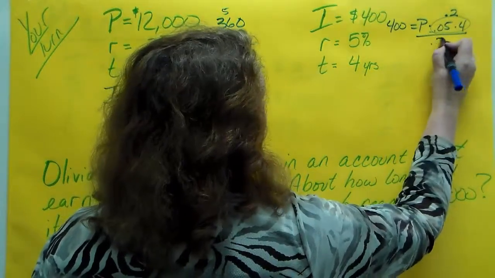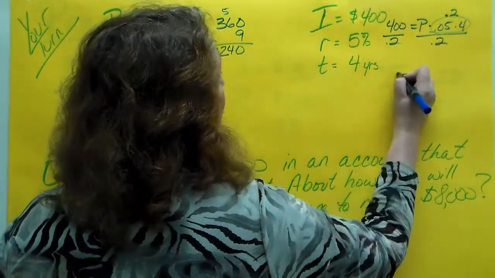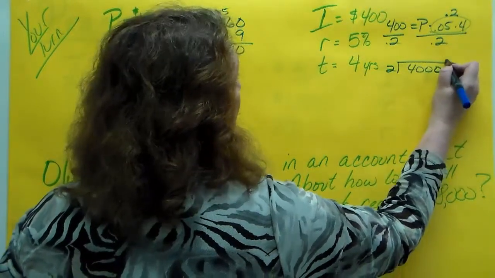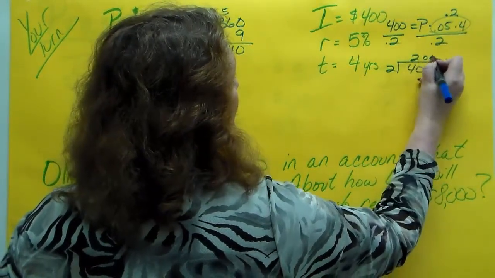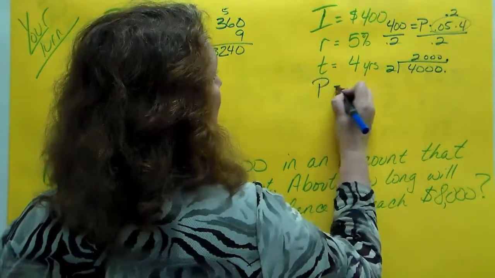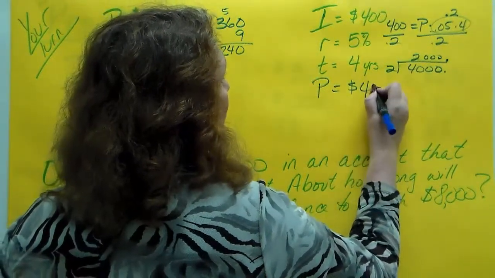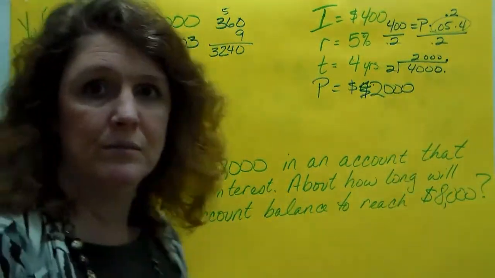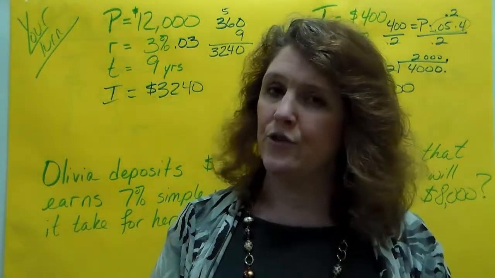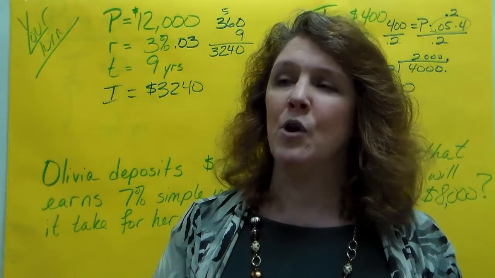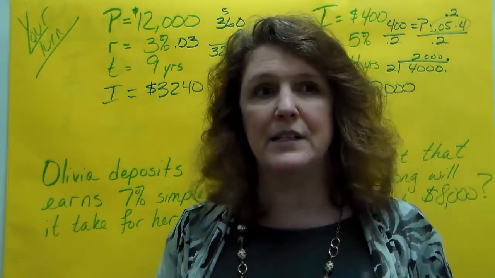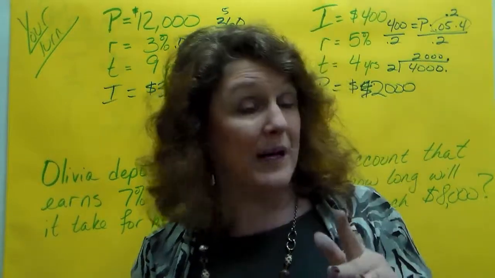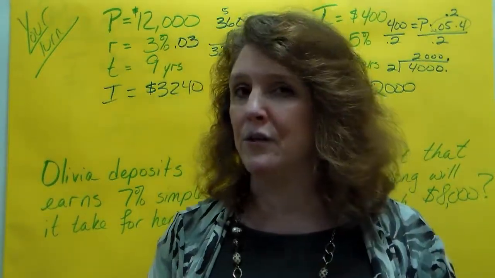So I'm going to divide each side by 0.2, and my principal was $2,000. How'd you do? I hope this is coming pretty naturally to you. I'm hoping that the hardest part of this is the equation skills, and I'm hoping that with a little practice you're going to get better at those too.